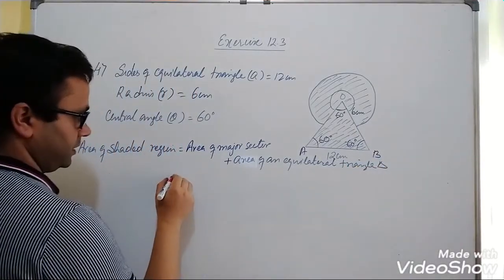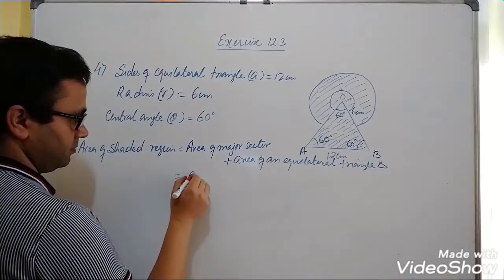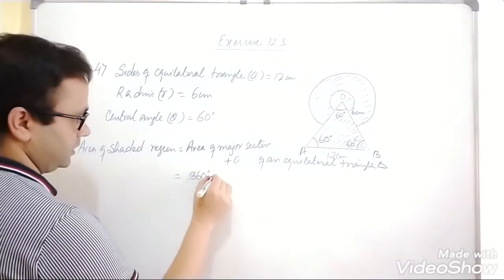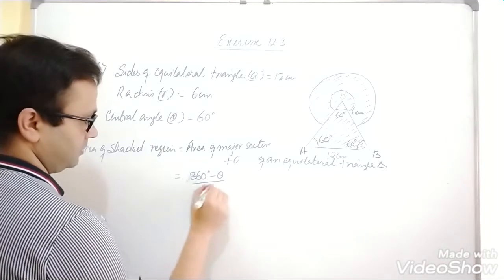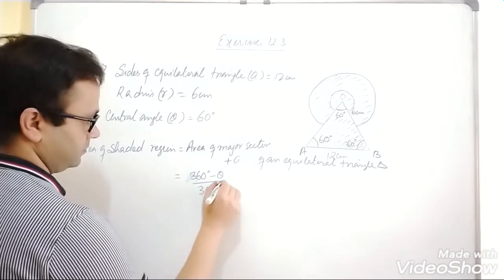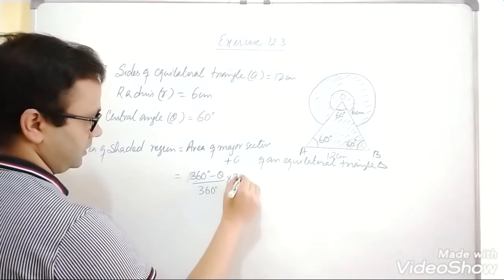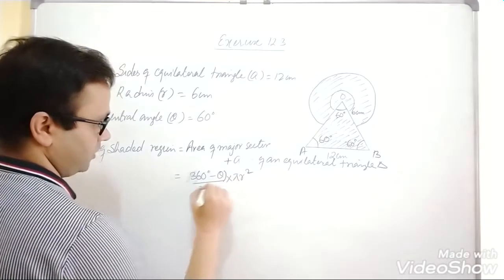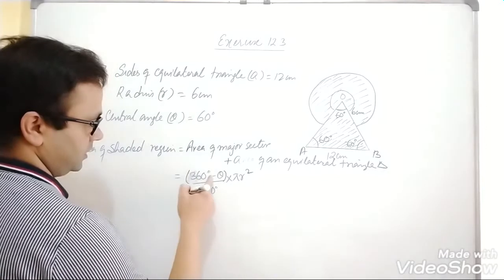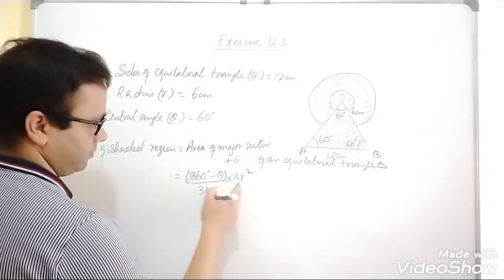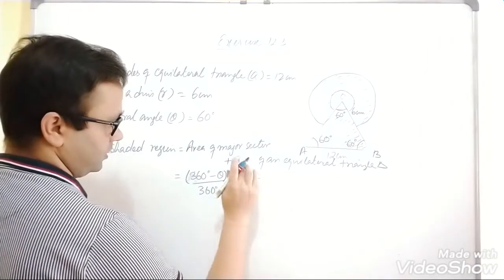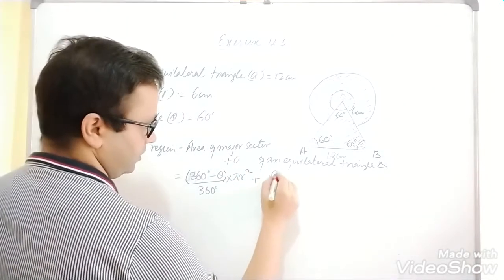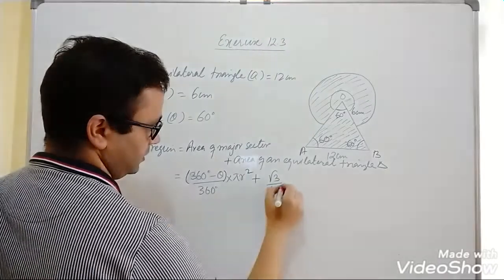The formula for the area of the major sector is 360 degree minus theta divided by 360 into pi r squared, since the sector is related to the area of the circle. Plus the area of an equilateral triangle, which is root 3 by 4 a squared.